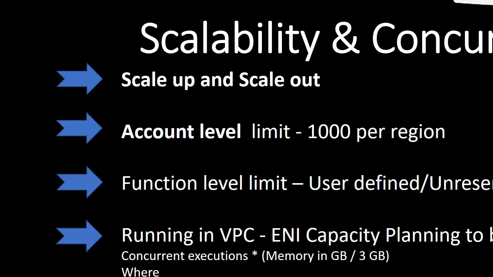Now let's take an example. If we are running Lambda in a VPC, then these limits will not apply, because in a VPC it will consider the VPC limits for Lambda execution.